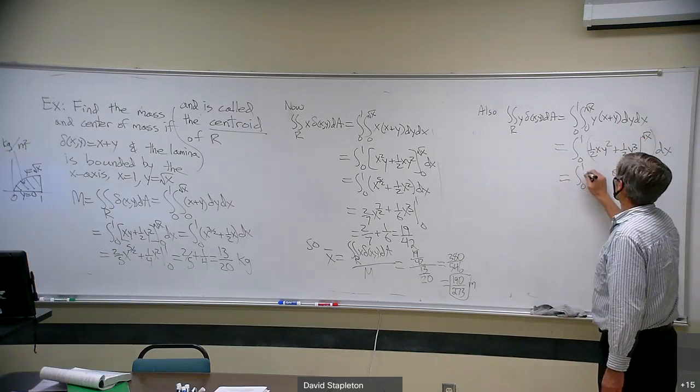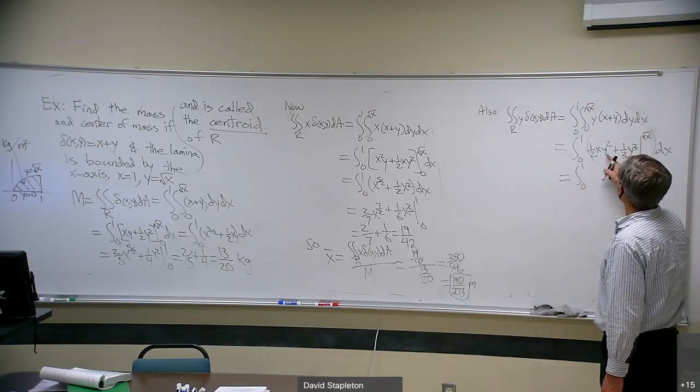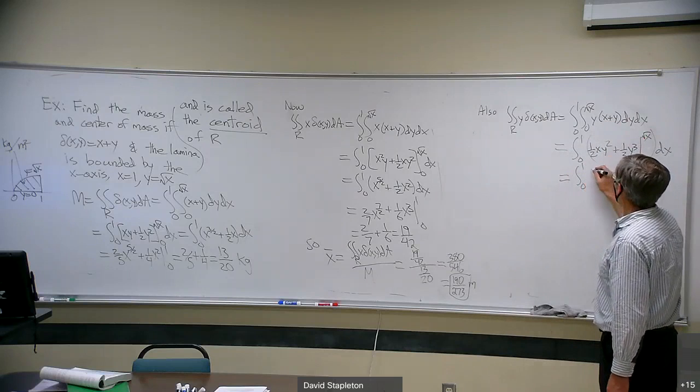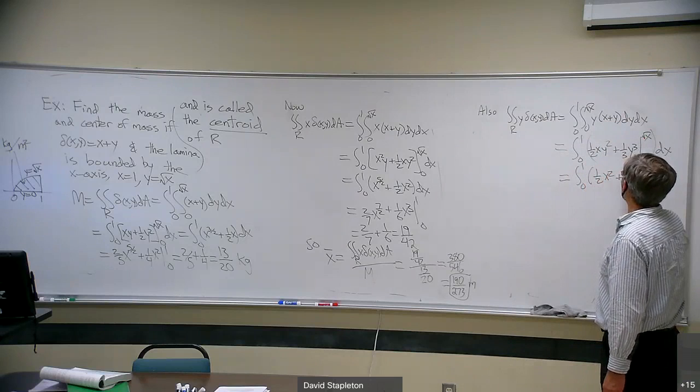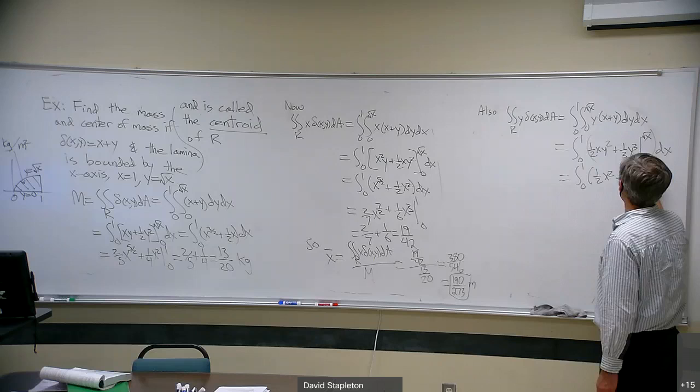We got the integral from 0 to 1 of 1/2 x squared plus 1/3 x to the 3/2.